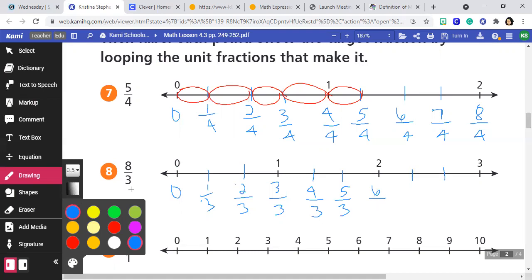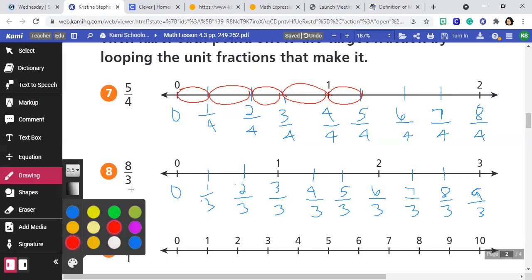I got excited. 6/3, 7/3, 8/3, 9/3. There we go. And our target fraction is, looking at the numerator, we want to do 8/3.